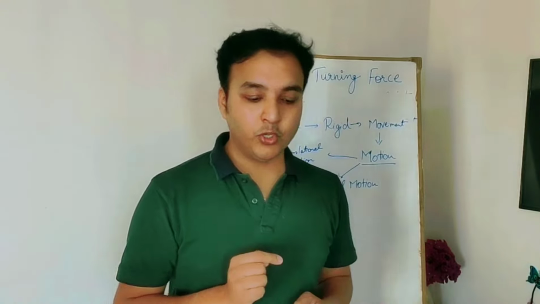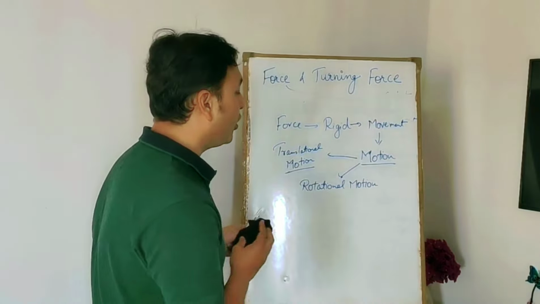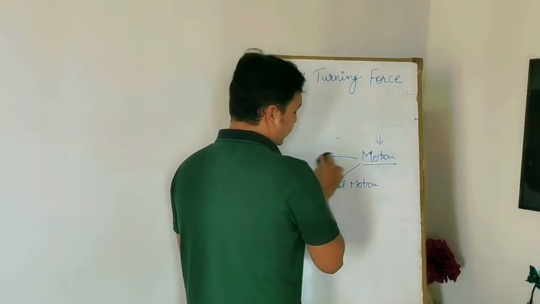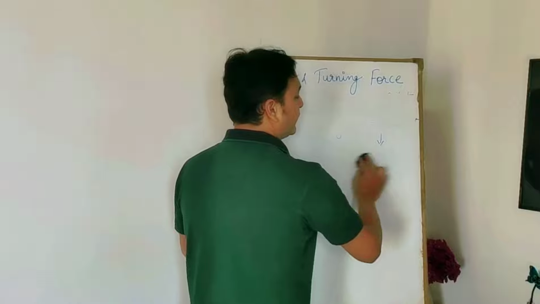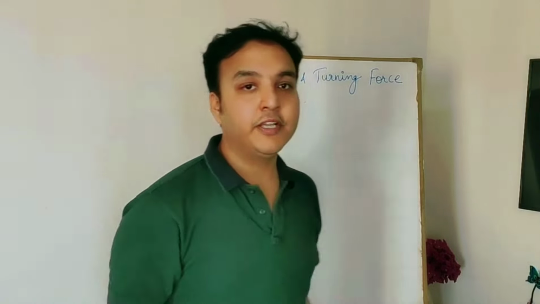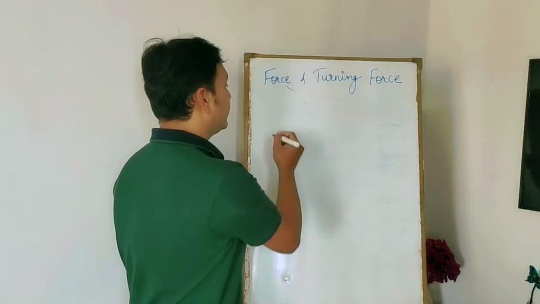Alright. So we are not going to learn translational motion in this chapter. We are focusing on rotational motion. Alright. And the effect which causes the rotation is called turning effect.